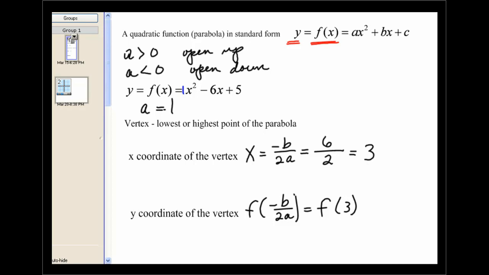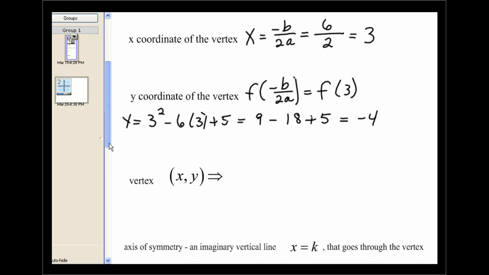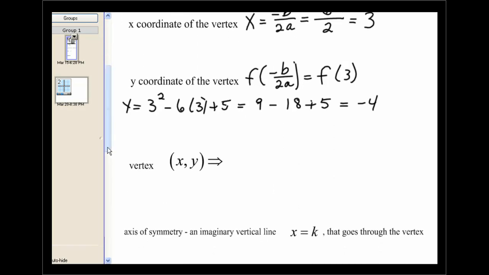So substituting 3 into our function, we'll have y equals 3 squared minus 6 times 3 plus 5, which gives us 9 minus 18 plus 5, or negative 4. So to write the vertex, which is an ordered pair, x comma y, the x-coordinate is the opposite of b over 2a.